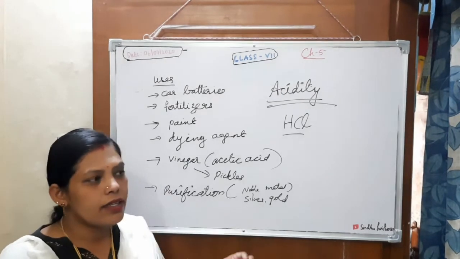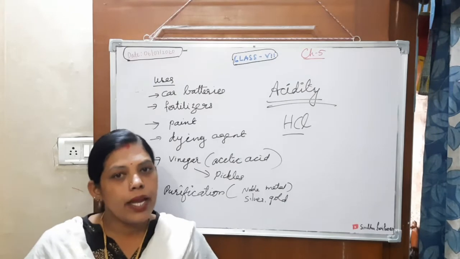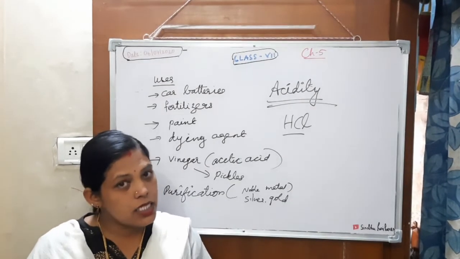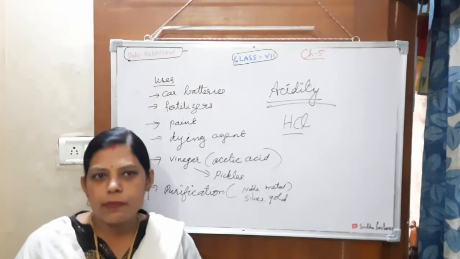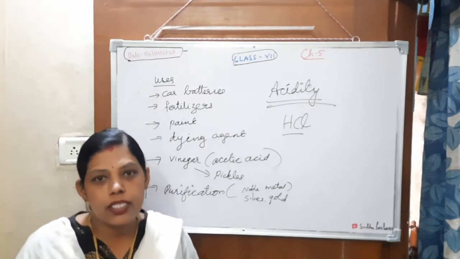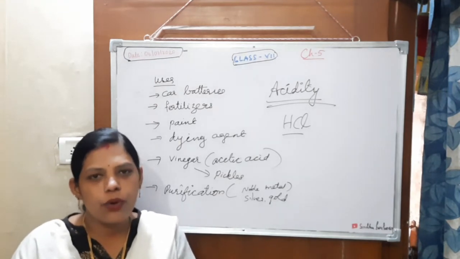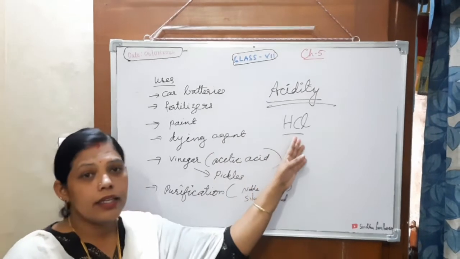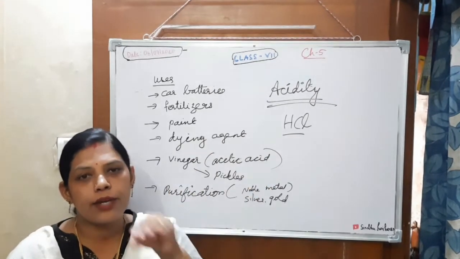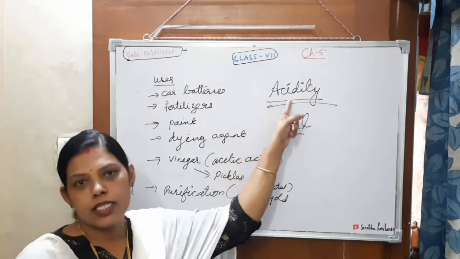And in an empty stomach, what happens? You do not eat food. At that time automatically hydrochloric acid is produced in our stomach. Though it is continuously produced, there is no food inside, so it is not used at all. So the level of hydrochloric acid will increase. And that excess amount of hydrochloric acid produced in the stomach causes acidity.